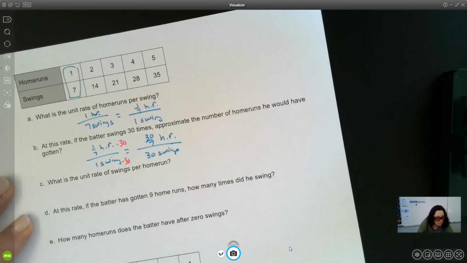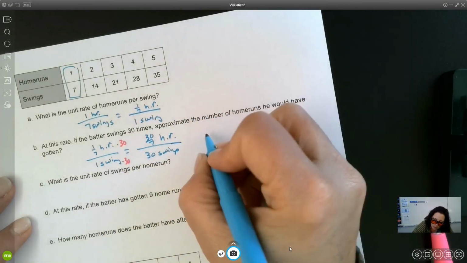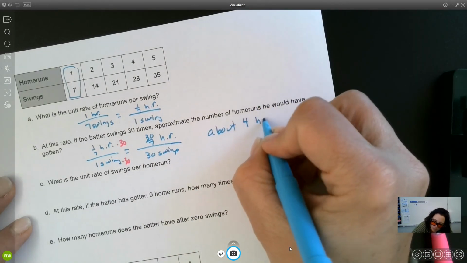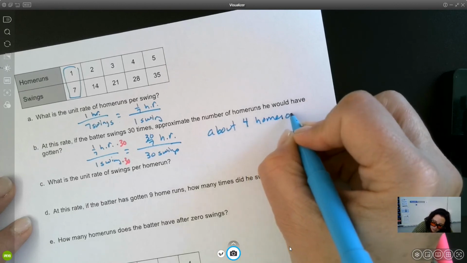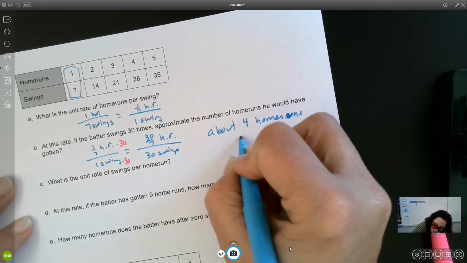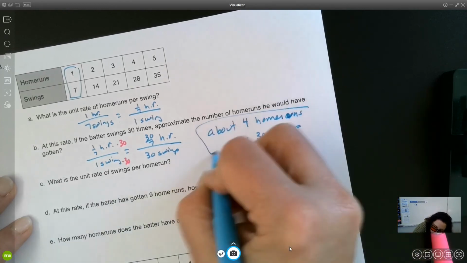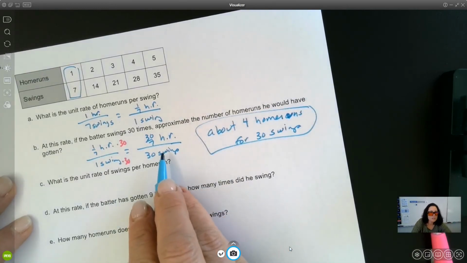Okay, well, 30/7ths home runs, that's about 4 home runs for 30 swings. Okay, this is your answer. This is not your answer.